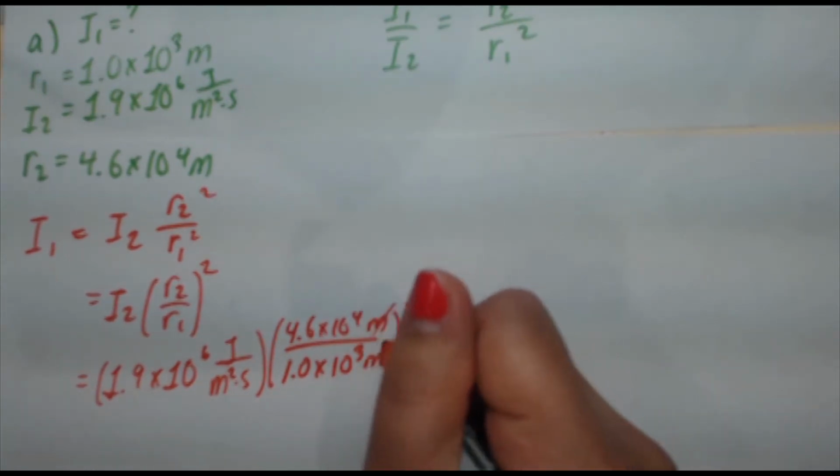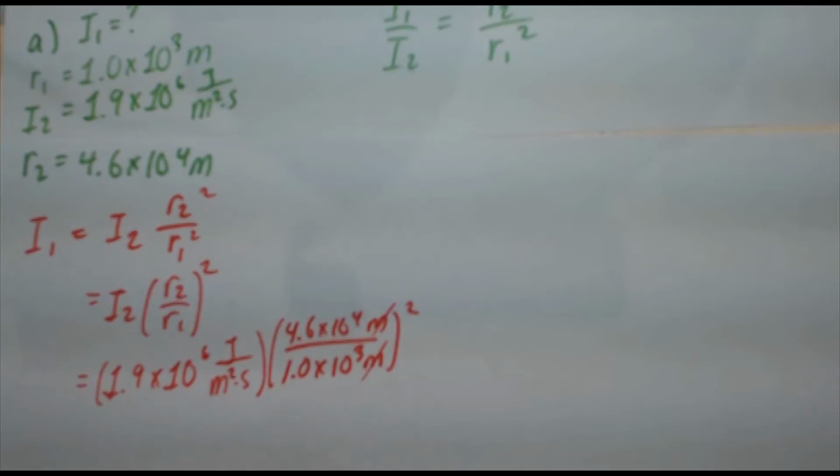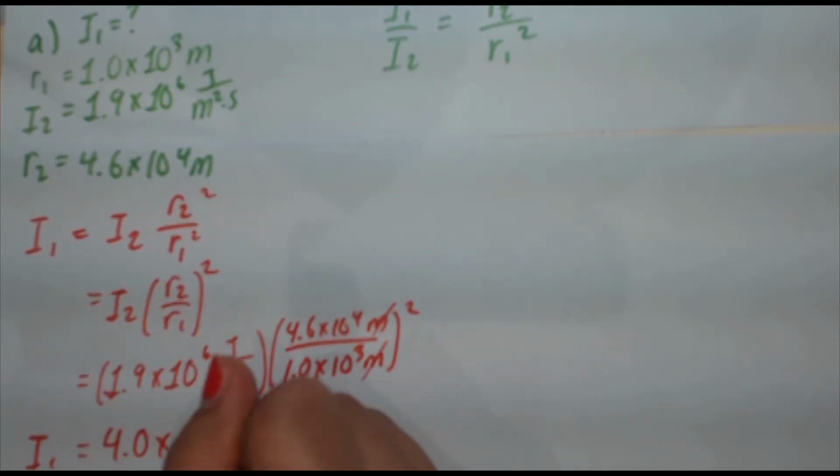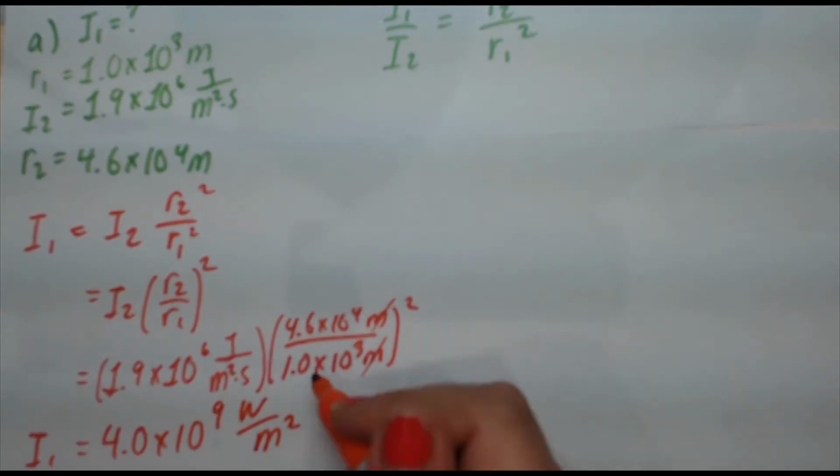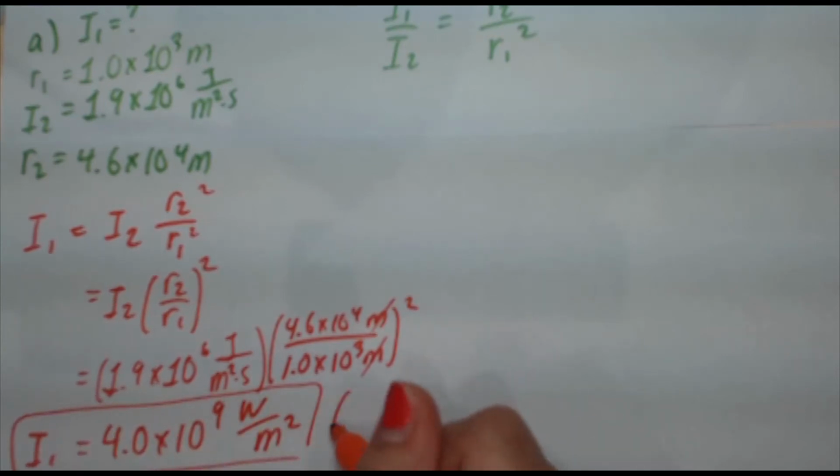So the meters squareds will cancel, and you're going to be left with the unit for intensity, which is what you want. And you end up with I1 is equal to 4.0 times 10 to the 9 watts per meter squared. So there's your answer to part A.